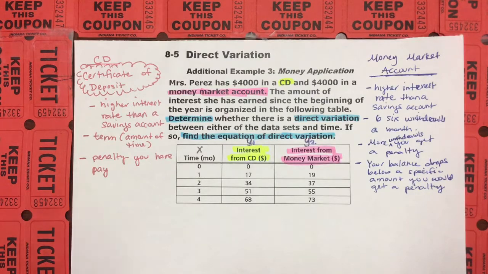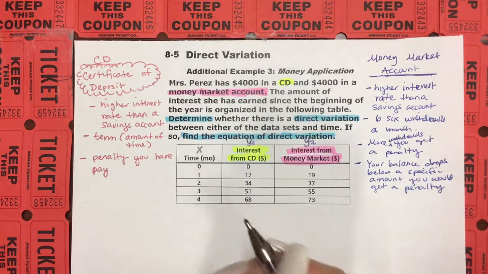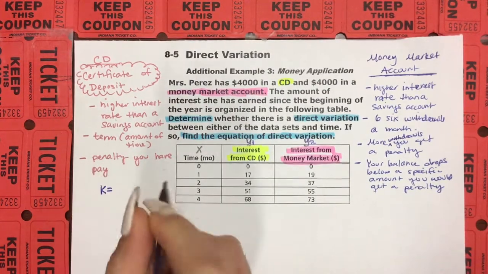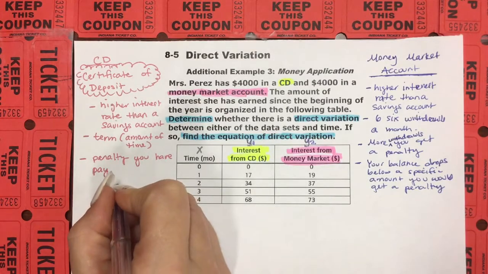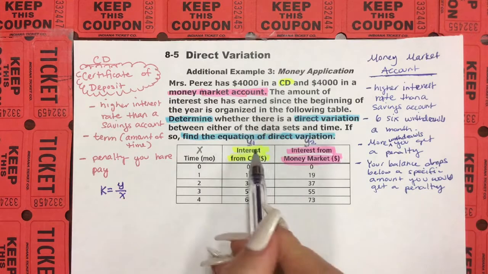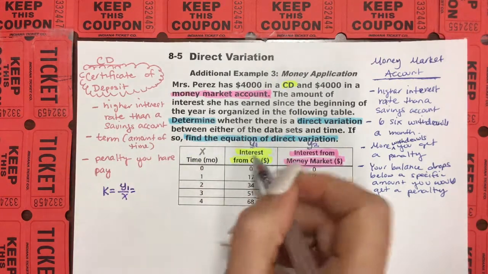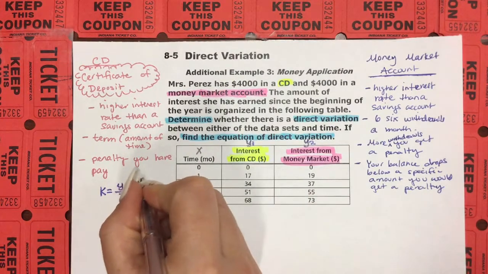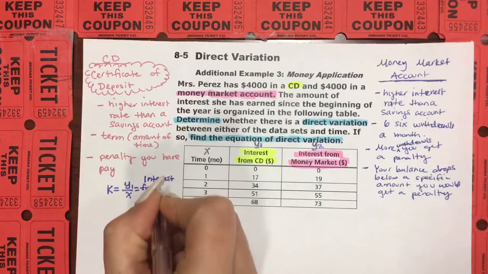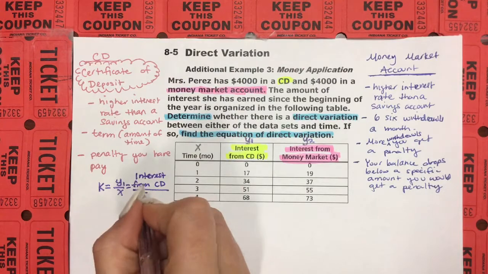Awesome. Let's get started. So remember, whenever we're figuring out the direct variation, we are looking at the value of K, which is the constant, and that is Y over X. So in this instance, we're going to start looking at Y1, which represents the interest from a CD, over the X, which represents the time.